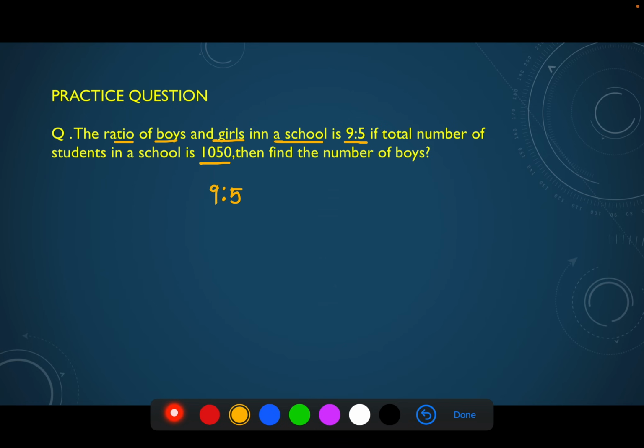What is this? This is the ratio of boys and girls. This is just a ratio, not numbers. Ratio. That means this is the rule.